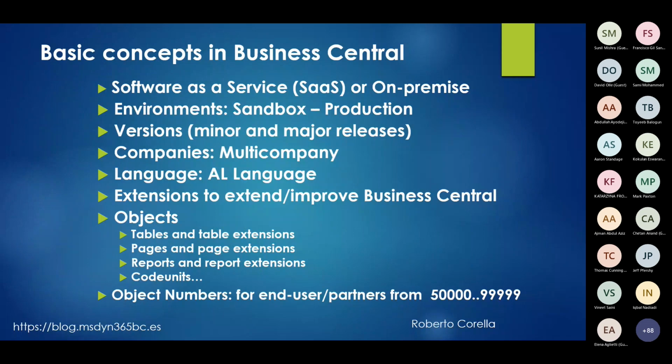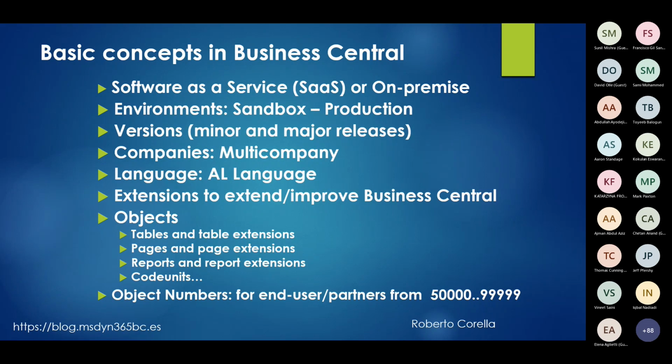We can use this language to create all the objects in Business Central. Objects like pages, like tables, like code, like all the things we can use in Business Central.